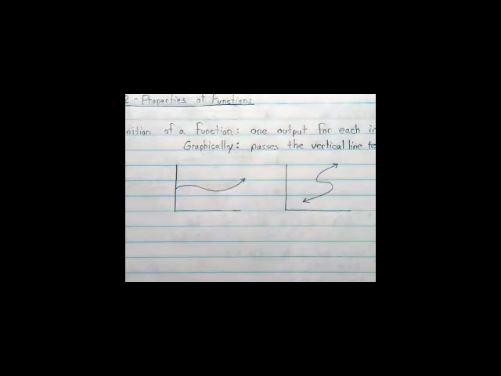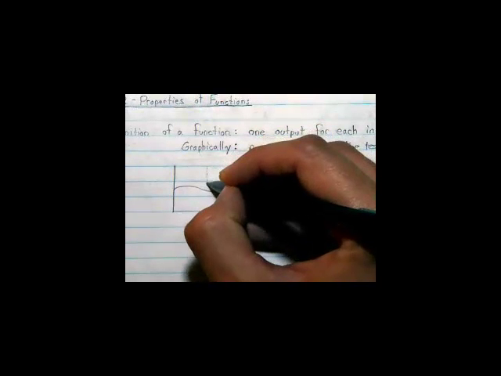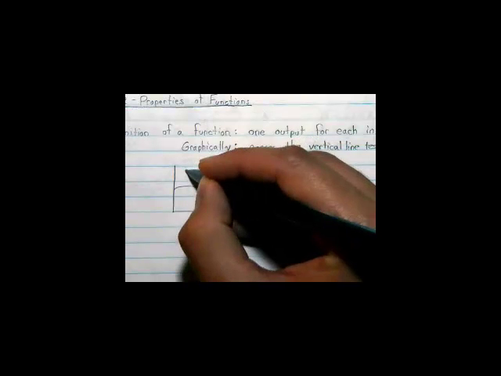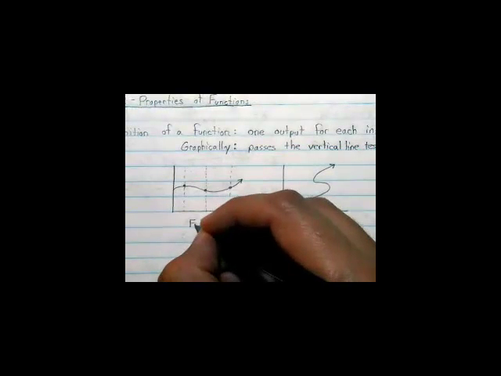Yeah, it does. The vertical line test is you drop a vertical line in it and make sure it only ever hits one time, and then it passes. Any vertical line that I would drop through this, no matter where I do it, each time it's only ever going to hit the function once. So this is a function.